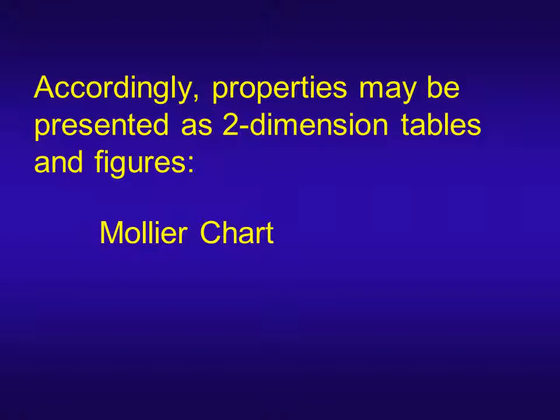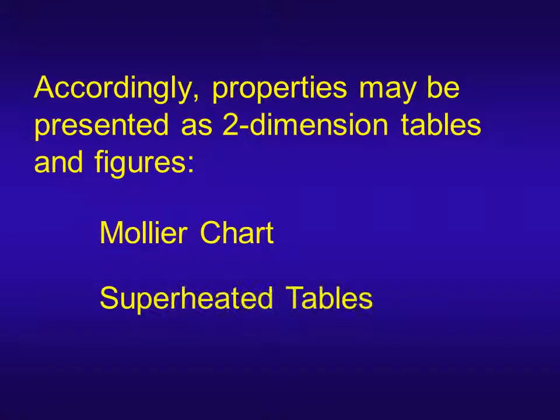It presents in two dimensions the properties of a pure substance, and it plots enthalpy versus entropy, a very handy little chart to use for particular situations that we'll get to later when we start looking at processes. The superheated tables are presented on a page in two dimensions. You've got, say, temperature down the side and enthalpy across to the right.